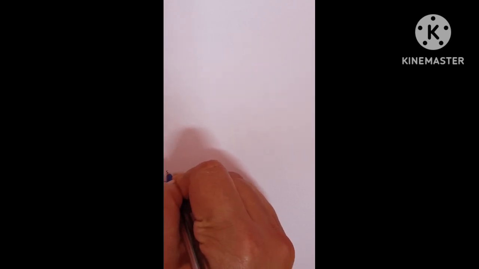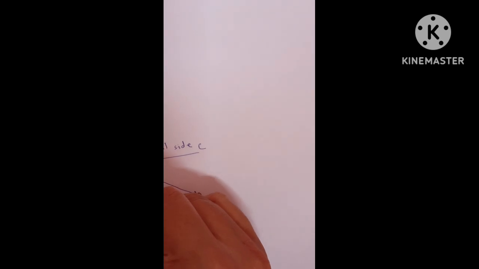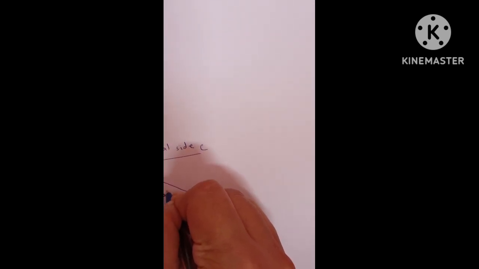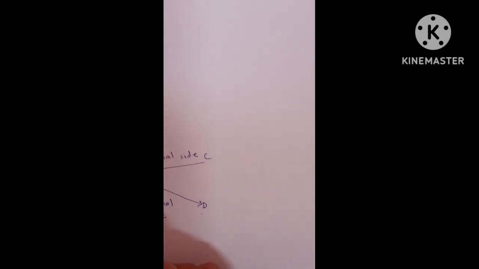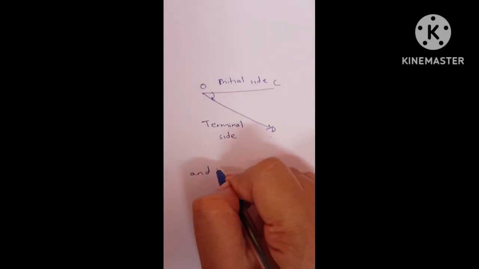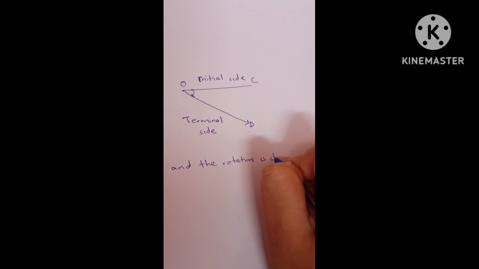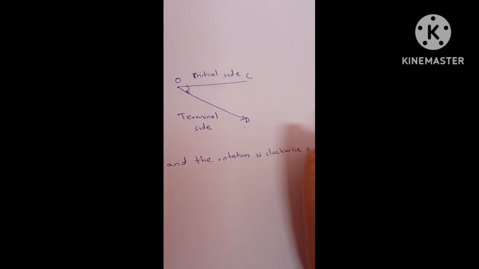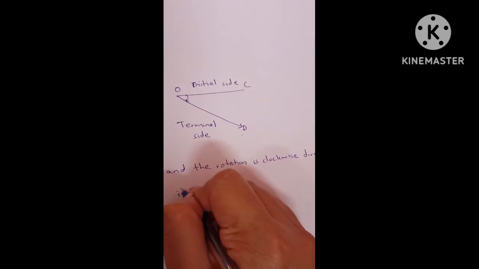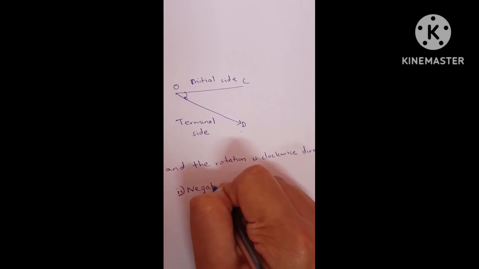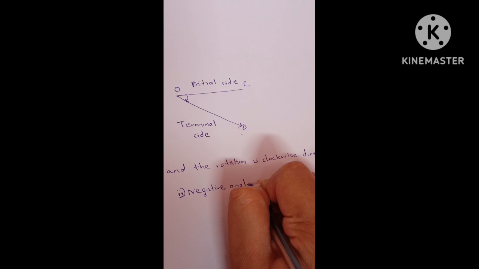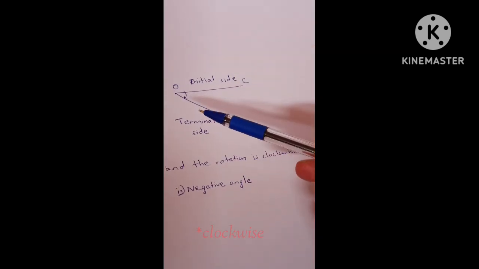Now this line OC becomes the initial side, and OD is terminal side, and the rotation is in clockwise direction. So this will be negative angle.